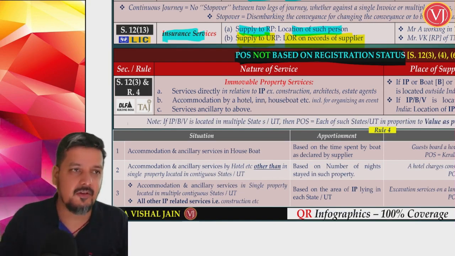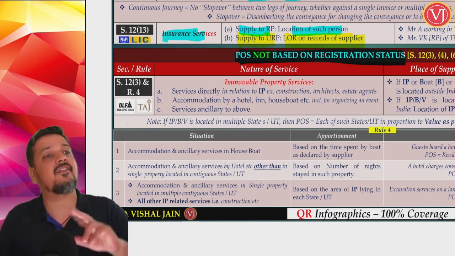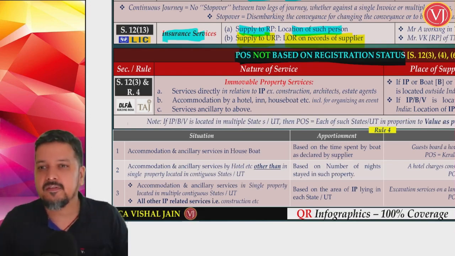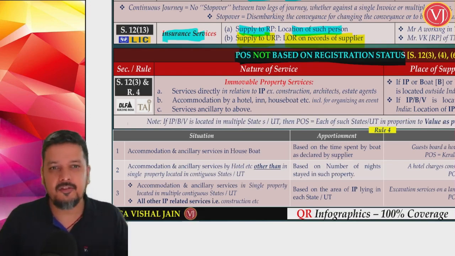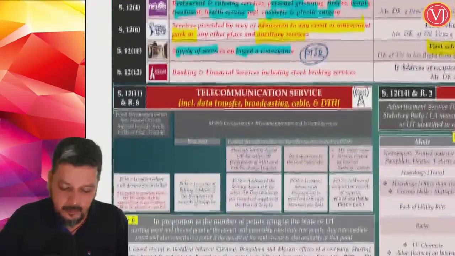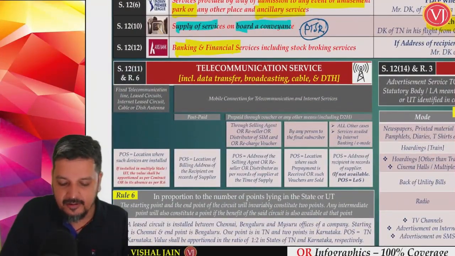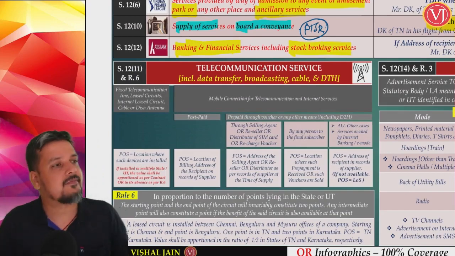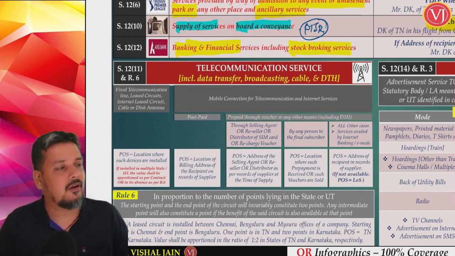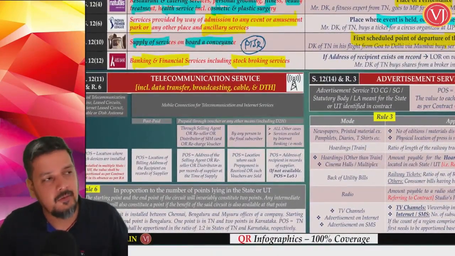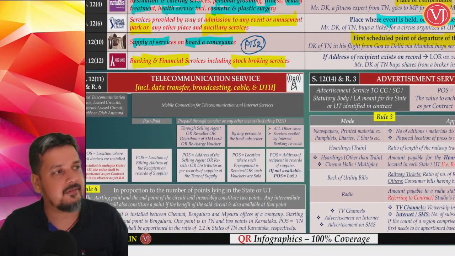Right. This is insurance service. Whenever you talk about insurance, there's a sister service which will come, something related to insurance service. If you talk about insurance service, you should know something about banking and financial services, including stockbroking. For them, whether it is B2B or B2C does not matter.